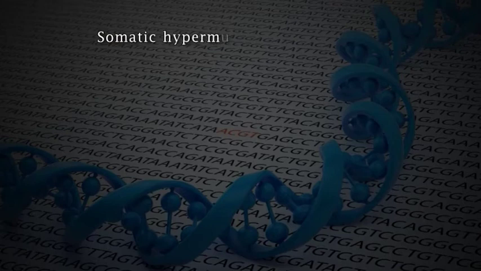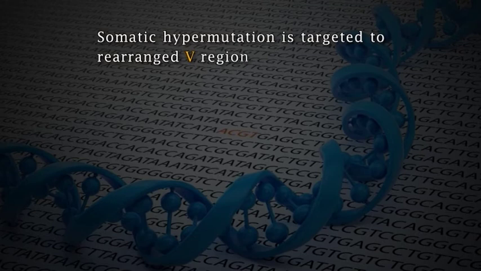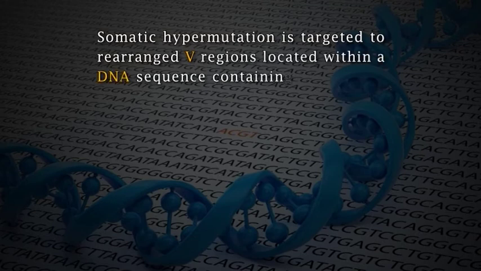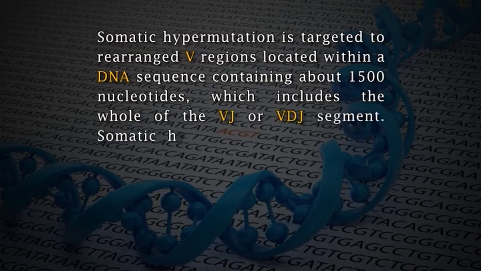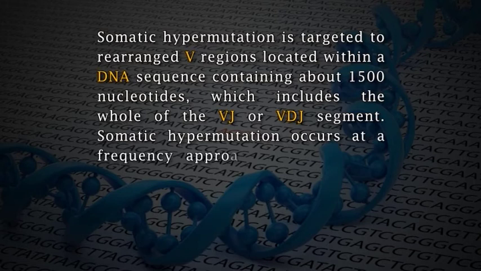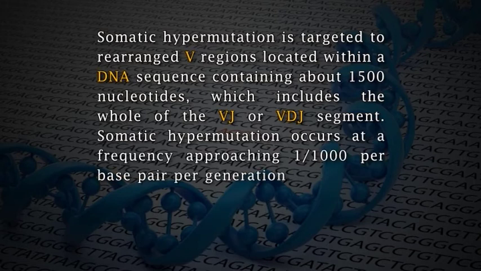Somatic hypermutation is targeted to rearranged V regions located within a DNA sequence containing about 1500 nucleotides, which include the whole of the VJ or VDJ segment. Somatic hypermutation occurs at a frequency approaching 1 in 1000 per base pair per generation.